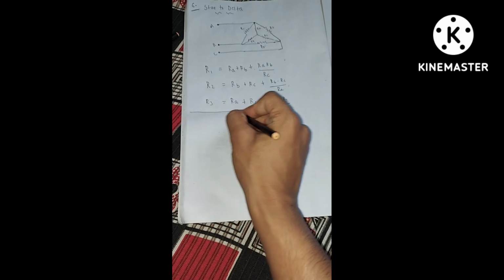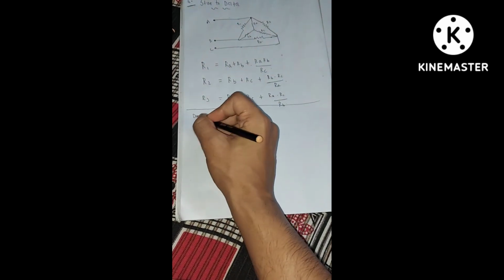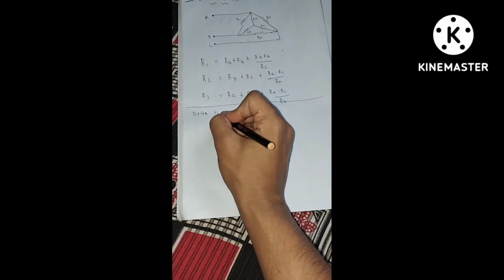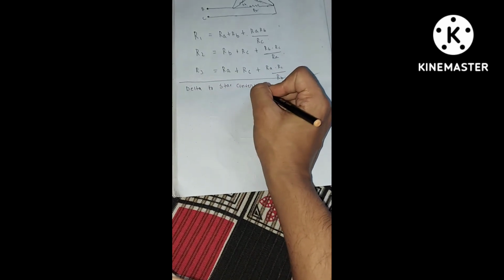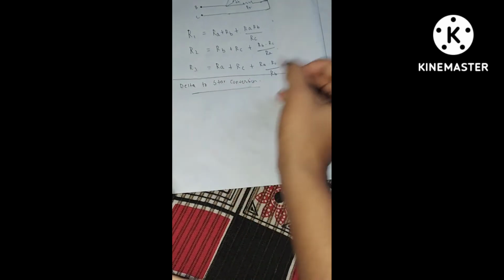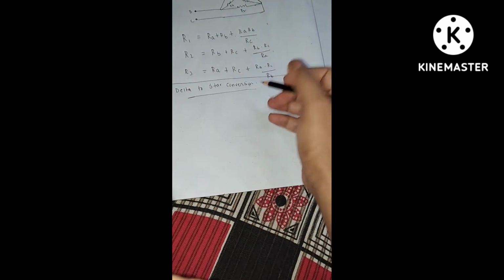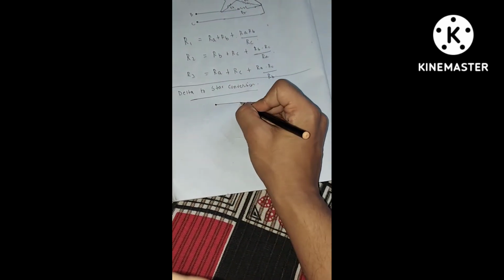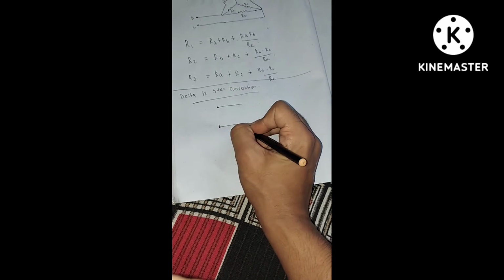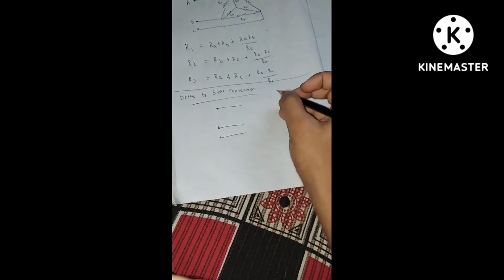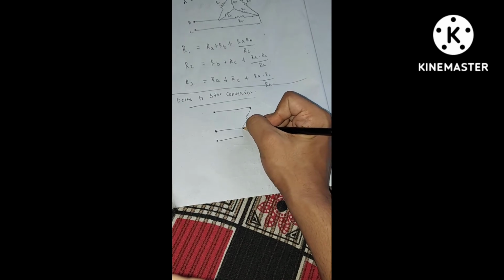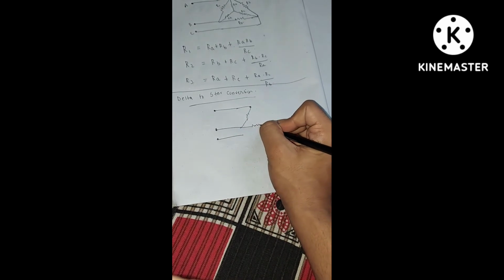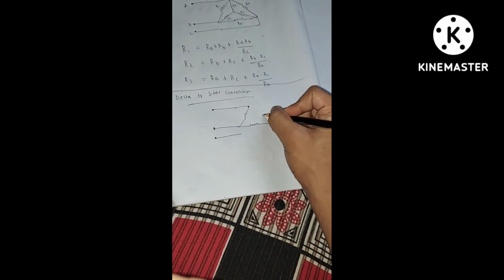Now delta to star conversion. Again draw this same circuit. Take 3 points A, B, C, with R1, R2, R3.